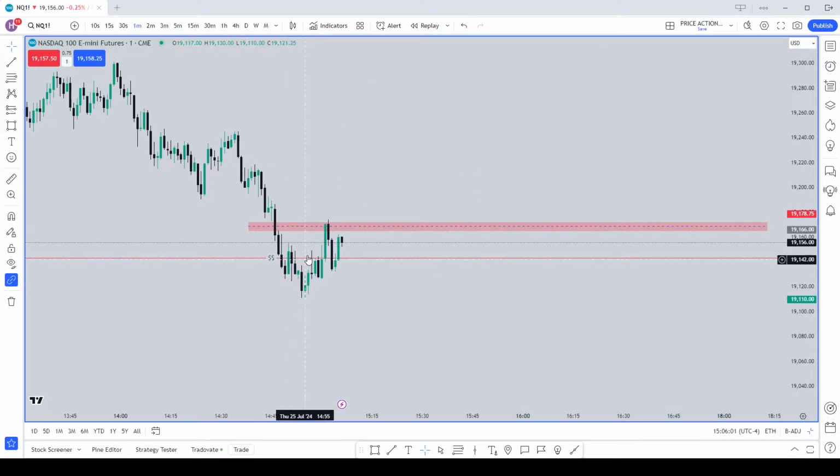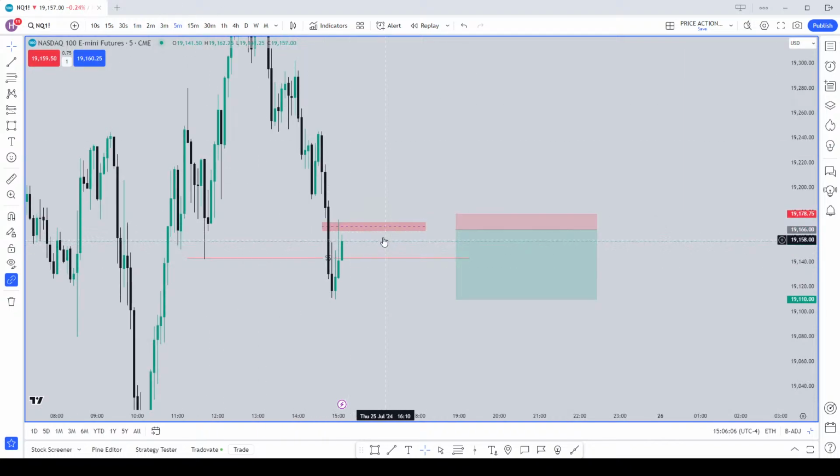Okay, we're still in that 5 minute as well. Every time I see a candle that wicks like this, like a green candle, I always see the following candle fill this wick right here. So that is one of the reasons why I stepped out of the trade.